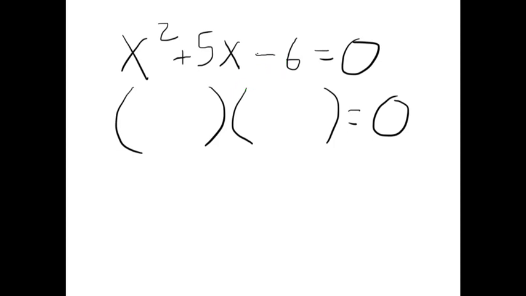That means that when I try to factor this, in order to get a negative number over here, I need to have one positive and one negative. That's the only way to multiply and have the result be a negative. So I've got 1 and 6, but one of them has to be a negative. So these are 2 possibilities.